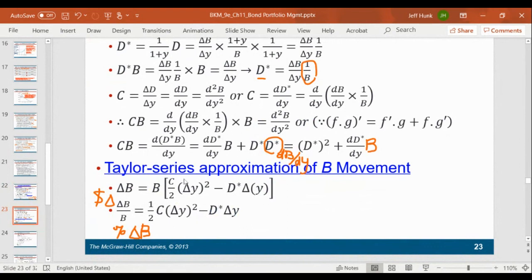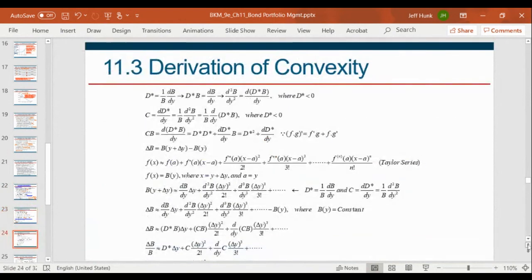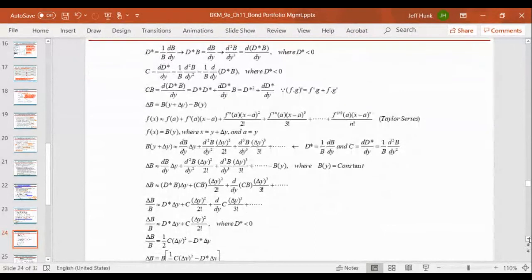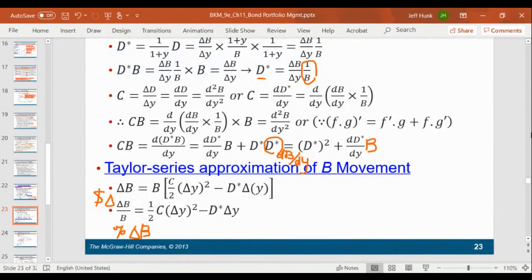So actually, it goes through a process called Taylor series expansion, or Taylor series approximation. What is that? If I went through all that, finance people don't care about this. It's only economists and mathematicians who care about this. In CFA exams, this is all you need to know.